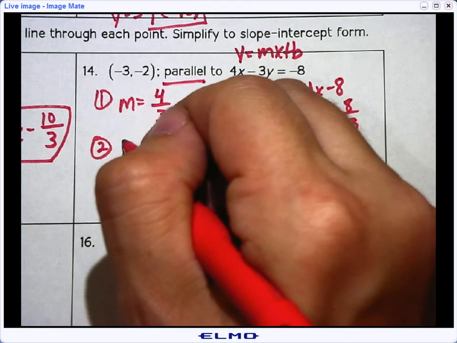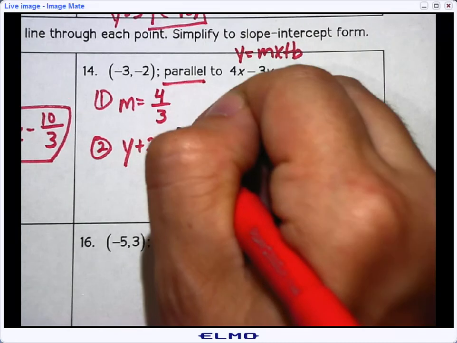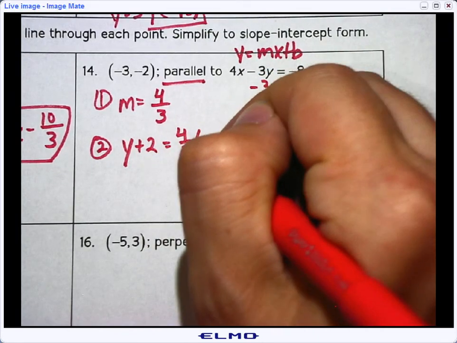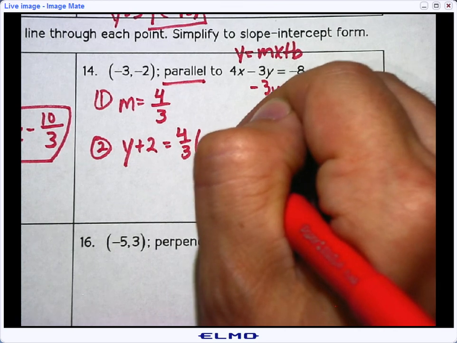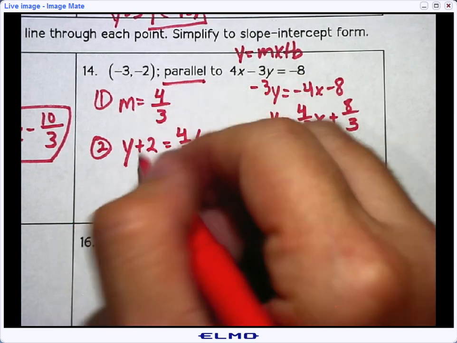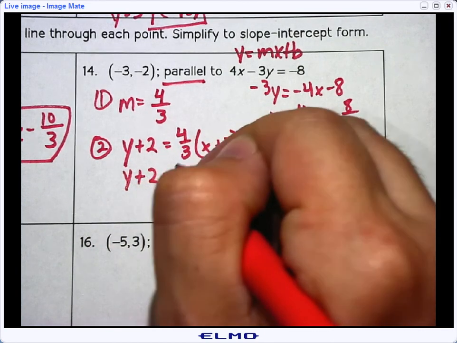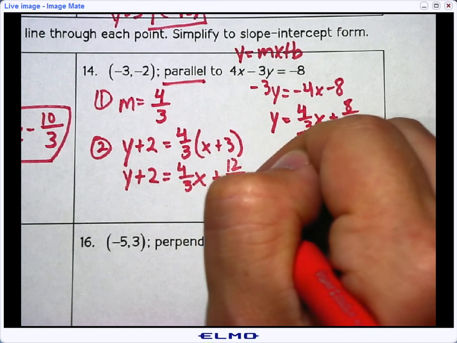So we would have y minus negative 2, which is y plus 2, equals 4/3 times x minus negative 3, which is x plus 3. Distribute your 4/3, you get y plus 2 equals 4/3 x plus 12/3.